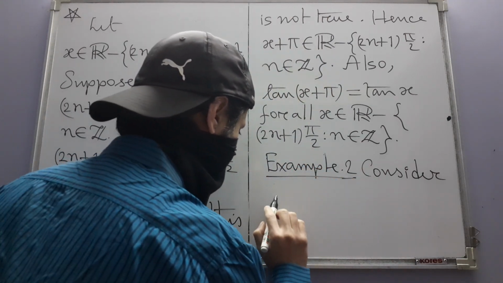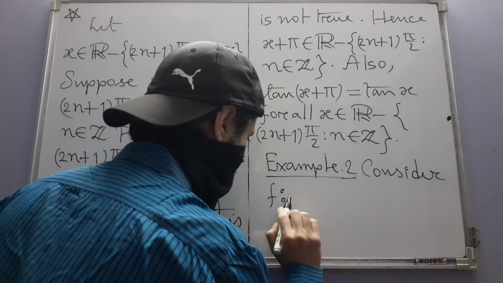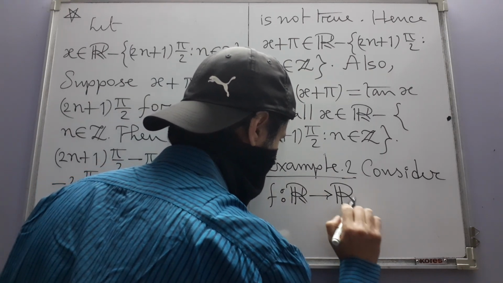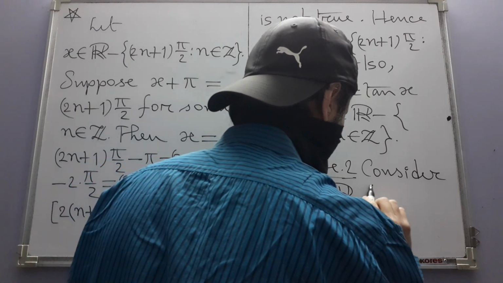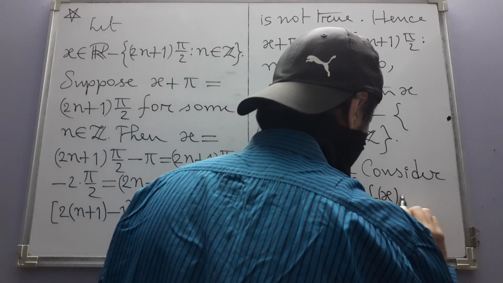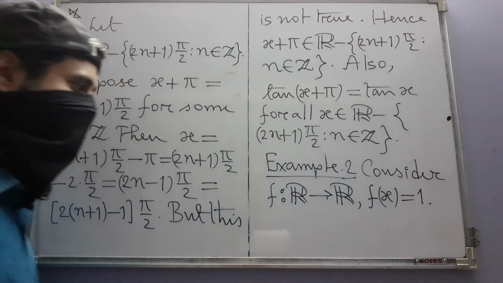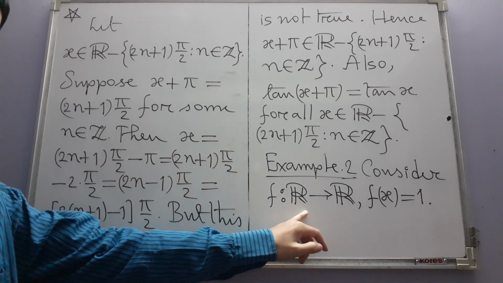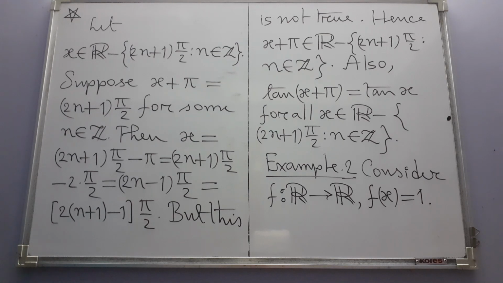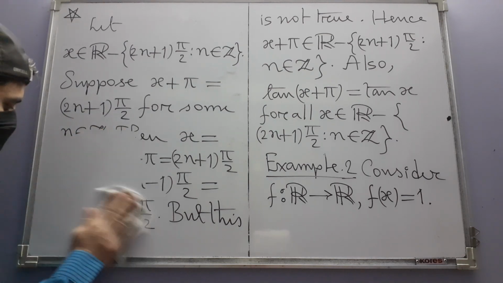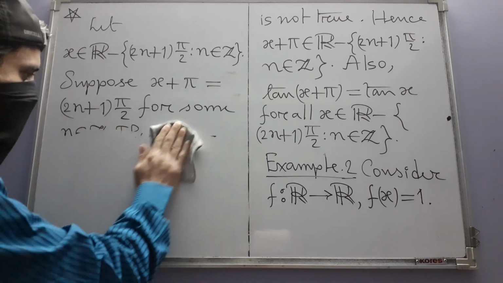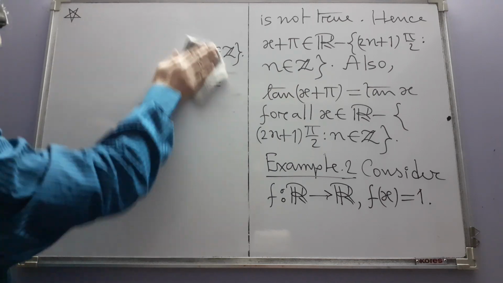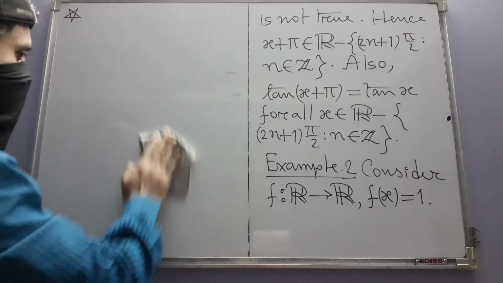So next, consider this function f from R to R, f of x equal to 1. The constant function 1. So in this case, D is R itself. So obviously, the condition that x plus R belongs to D for all x in D is going to be trivial here. But what is our R?